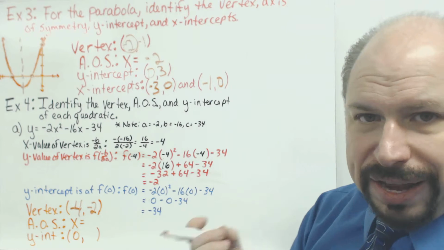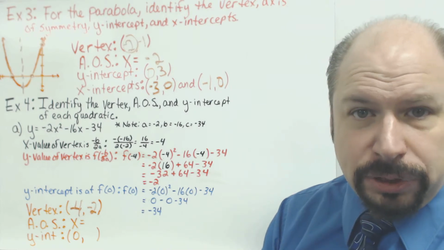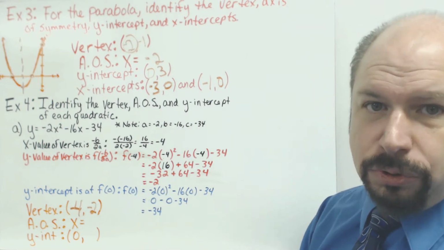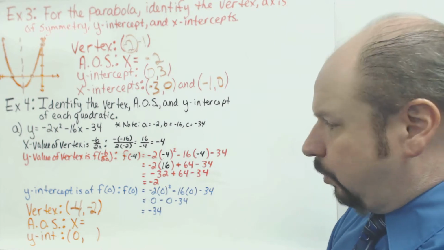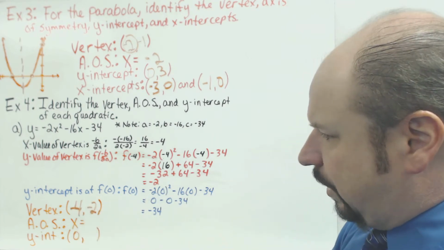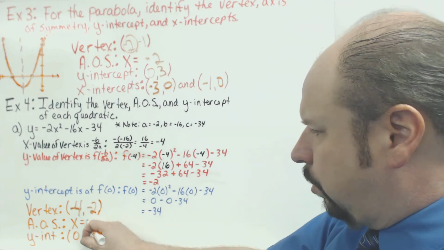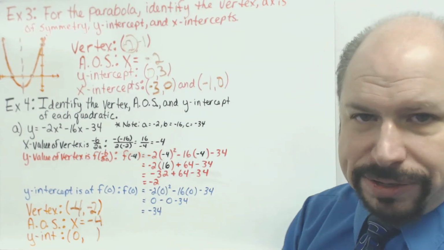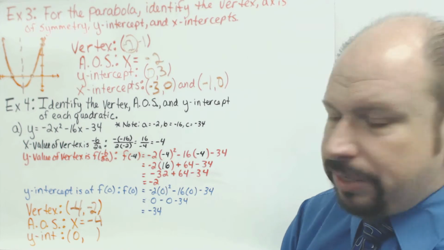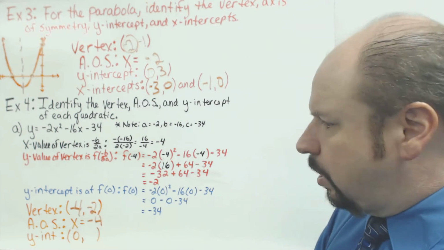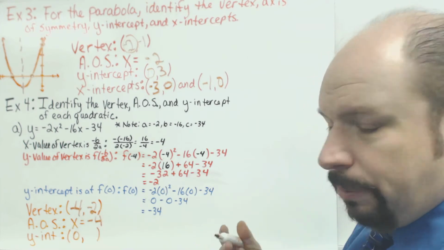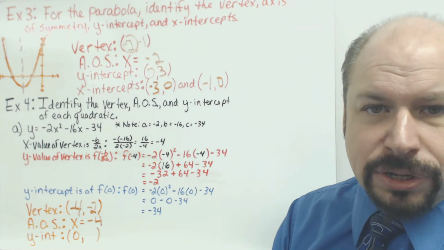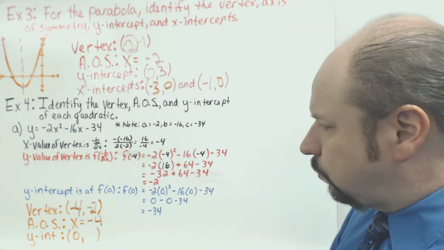Remember, our axis of symmetry is simply x equals whatever the x value of our vertex is. Our vertex is (-4, -2), so x equals -4 is our axis of symmetry. That's pretty easy to find once we find the vertex. The y-intercept, remember, happens at f of 0.